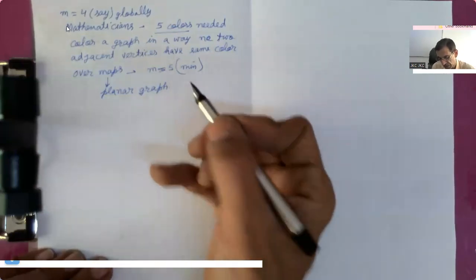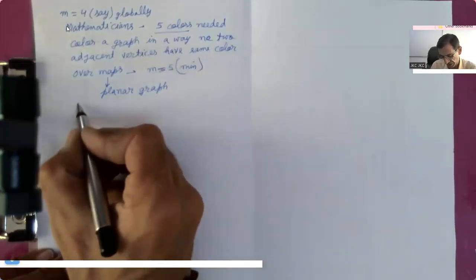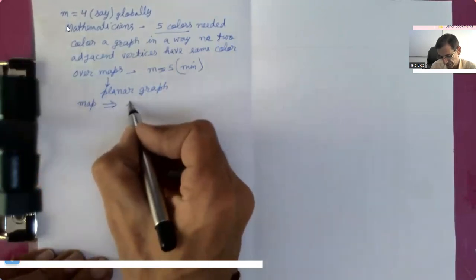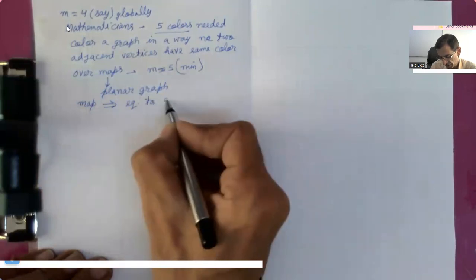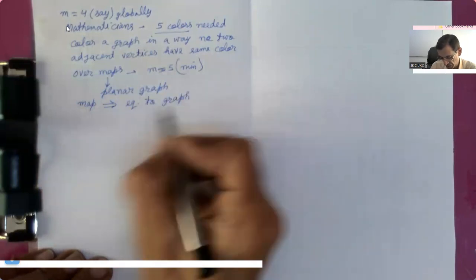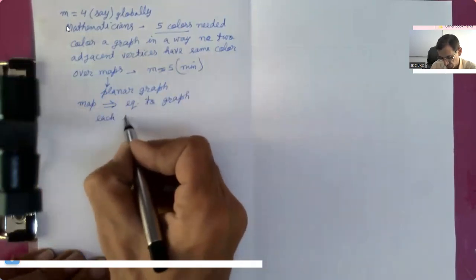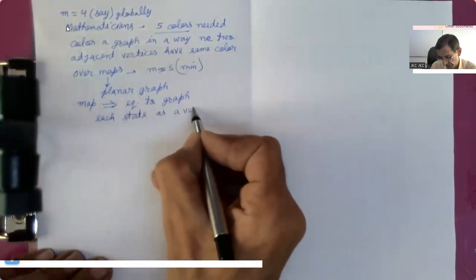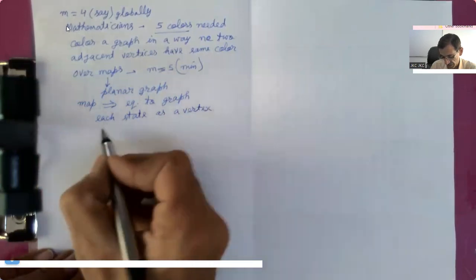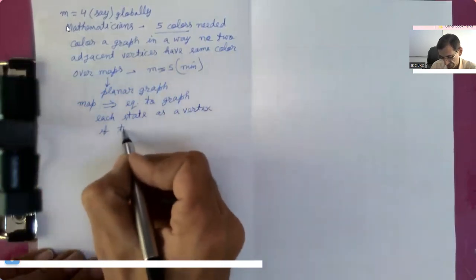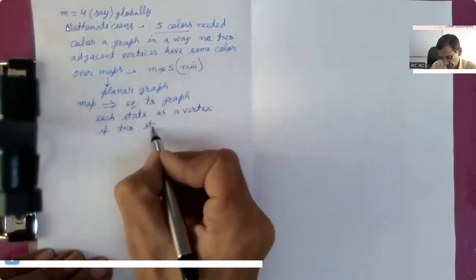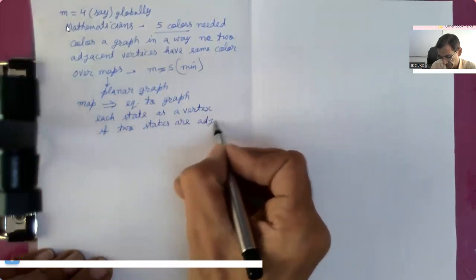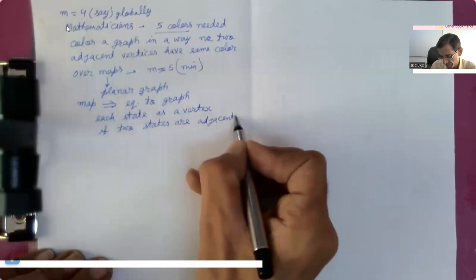My problem is simple. What they said was that each map was made equivalent to a graph, where each state will be shown as a vertex. And if two states are adjacent or neighbors, then there is going to be an edge between them.